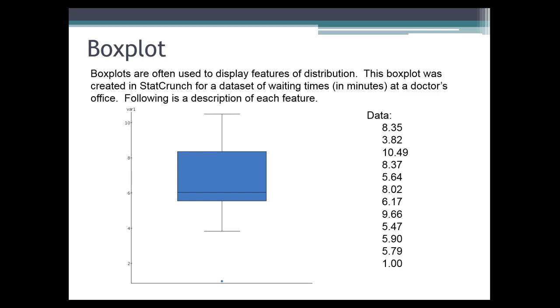Okay, now let's talk about box plots. So we've looked at box plots before, but now let's look at them in a little more detail. So this was a data set I made up to be waiting times at a doctor's office. So this is the data, and this was the box plot.